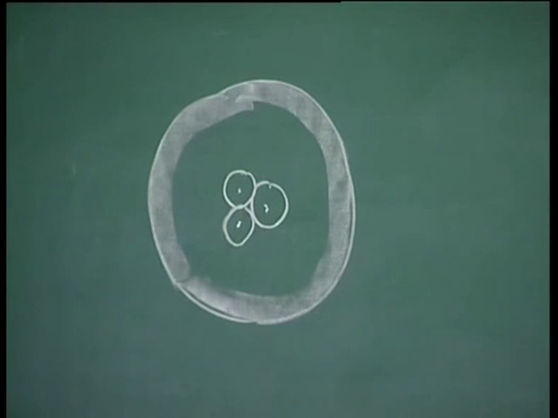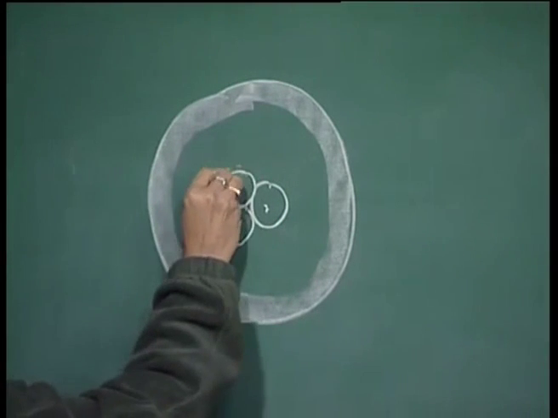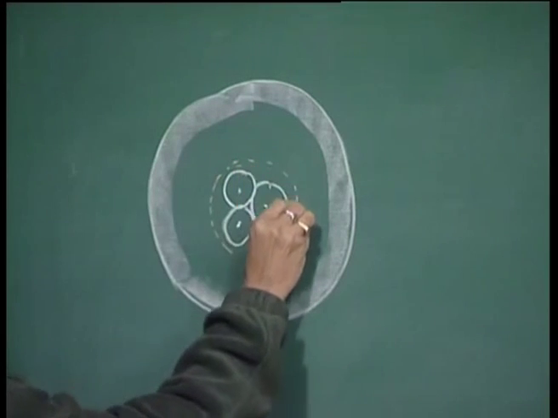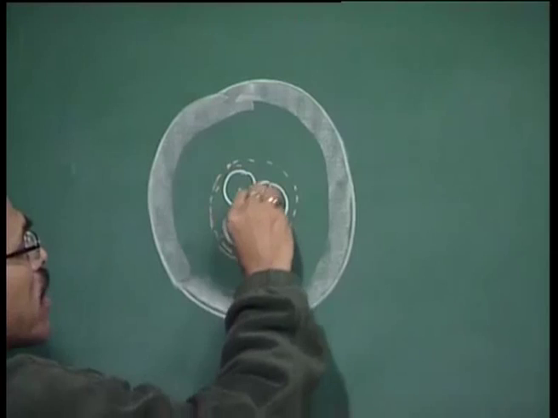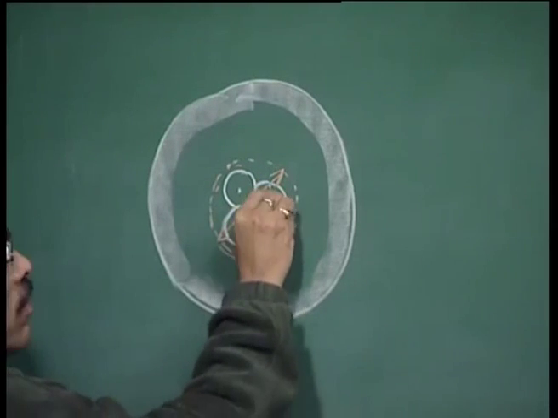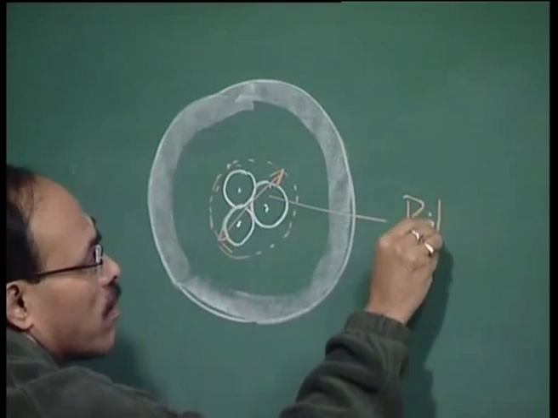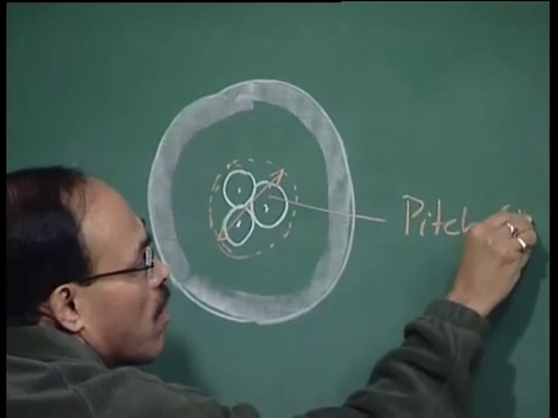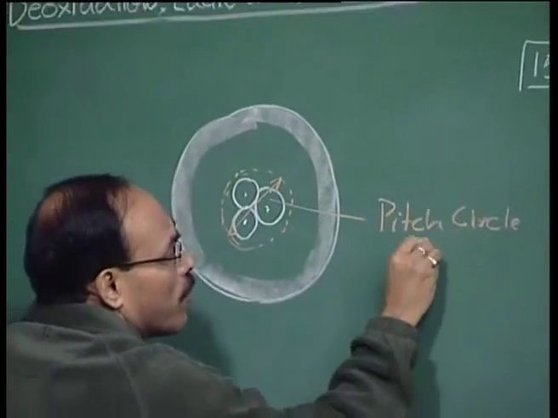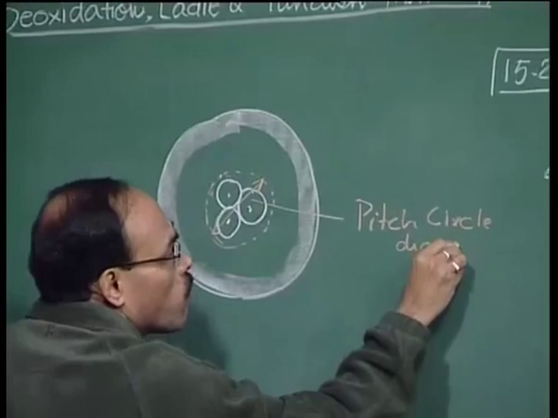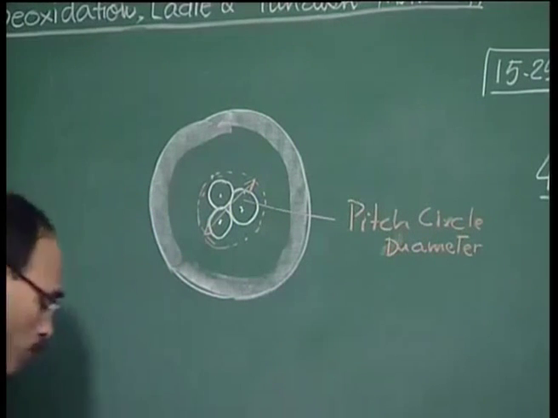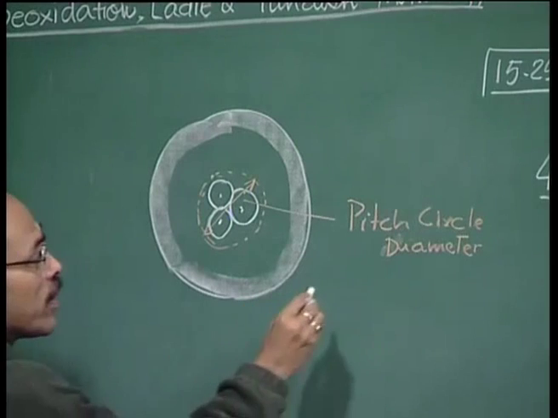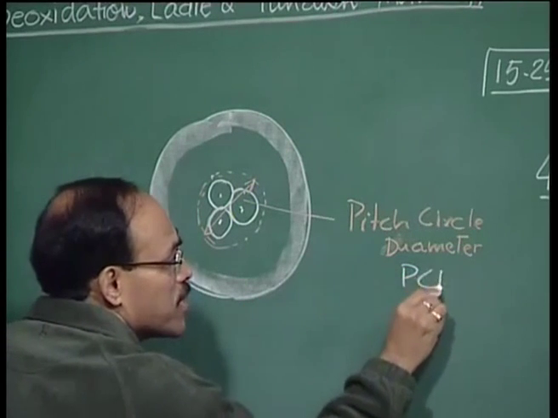So, this diameter at the center, so they can be encased in a circular cross section, and this is called the pitch circle diameter. If you visit the shop floor, you will see people frequently talk about what is known as the PCD.